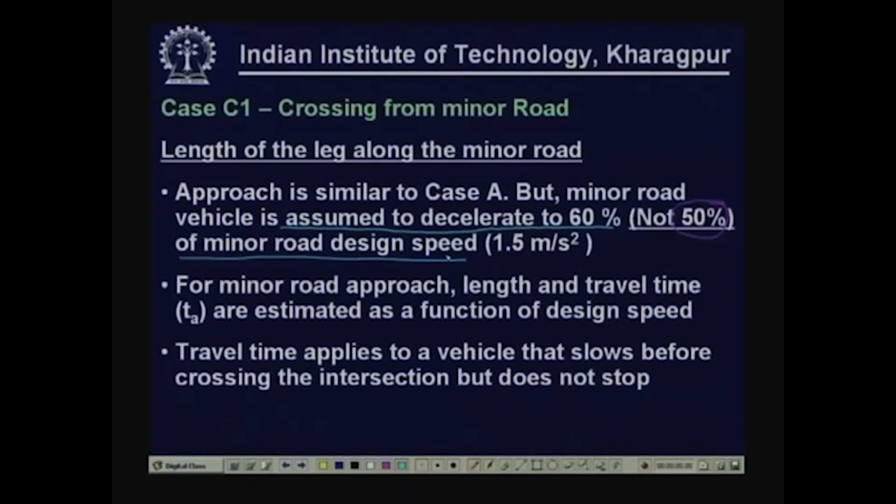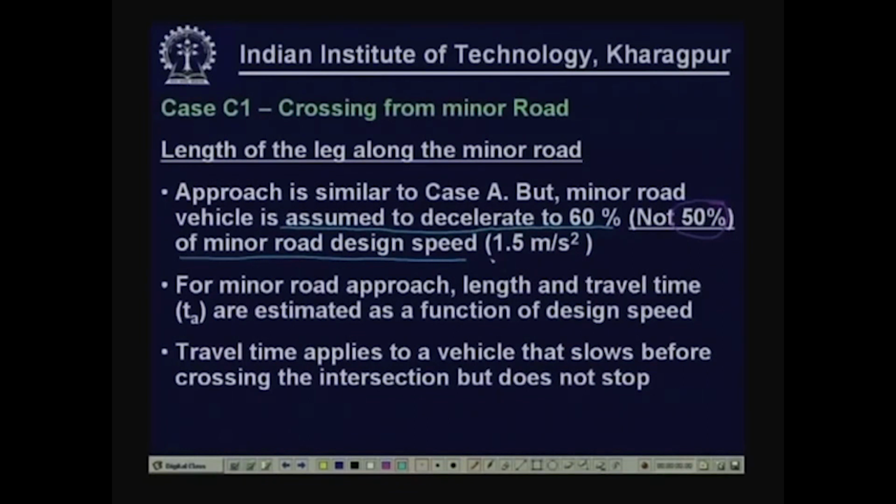That means, whenever vehicles are approaching a yield controlled intersection, drivers will reduce speed approximately to 60% of minor road design speed, with a deceleration rate of up to 1.5 meter per second square.